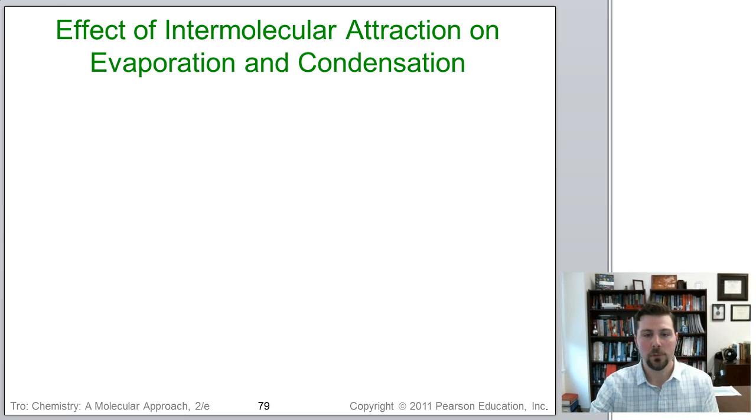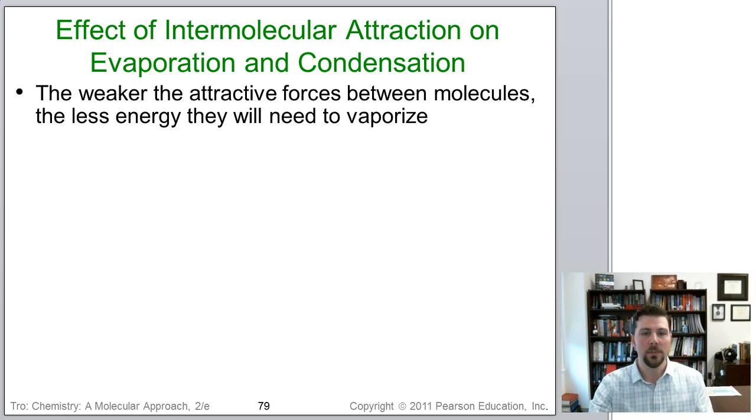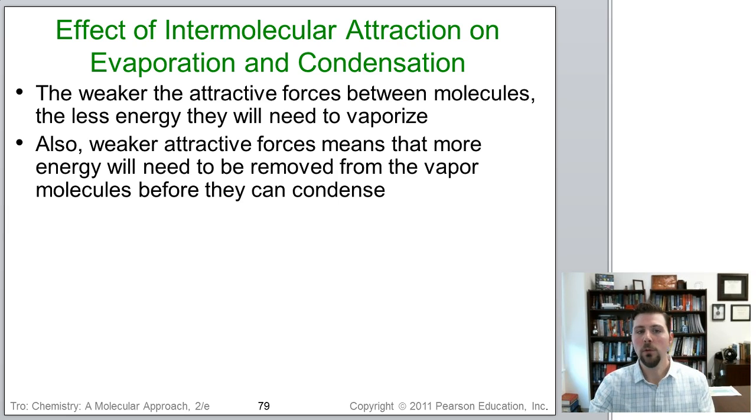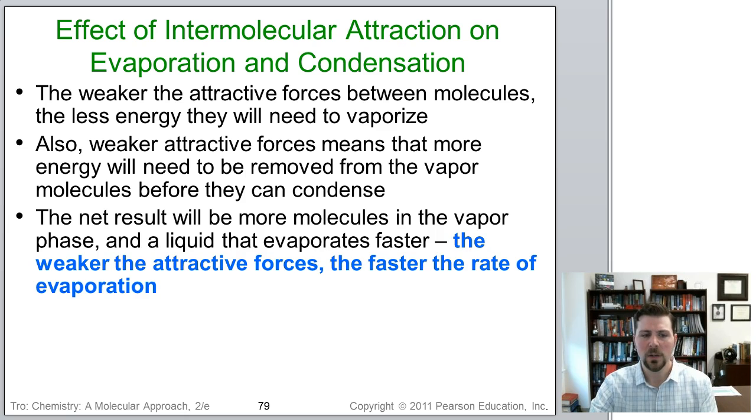So how do intermolecular forces affect this equilibrium that's established? Remember, we have to overcome those attractive forces in order to vaporize, and when kinetic energy is lost out of the molecules in the vapor phase, they feel those attractive forces a lot more and they want to condense back together. So the weaker the intermolecular force, the faster the rate of evaporation.